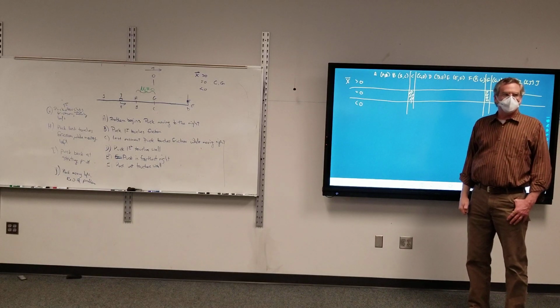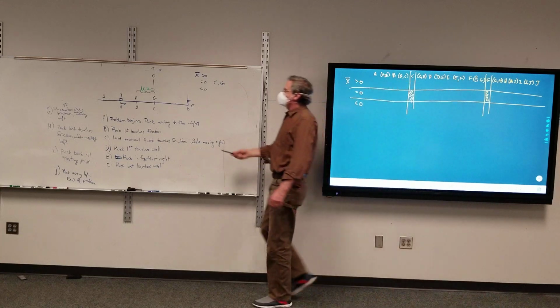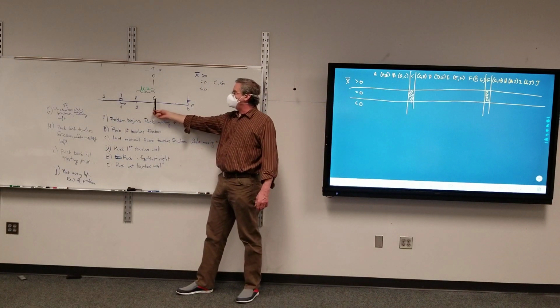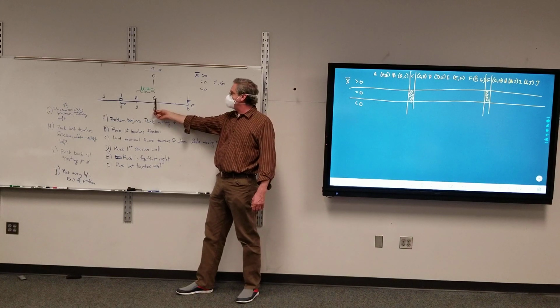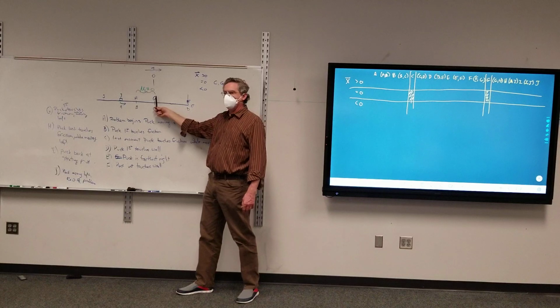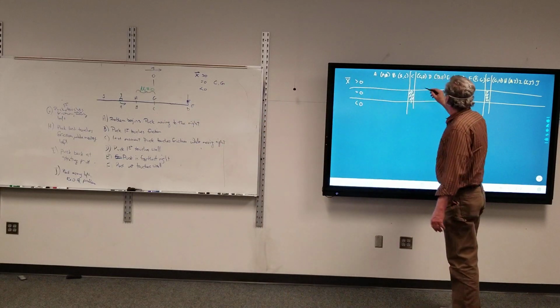After C, from C to D. All right. So the puck's moving along. Right here, this is the point at which position is equal to 0, and it's still equal to 0 until it gets back to this point right here. So between C and G, it is positive.